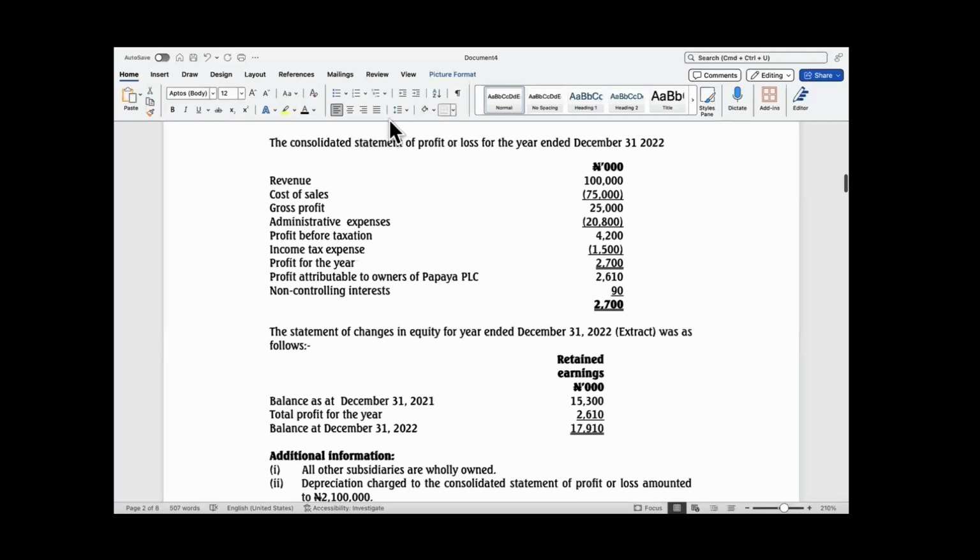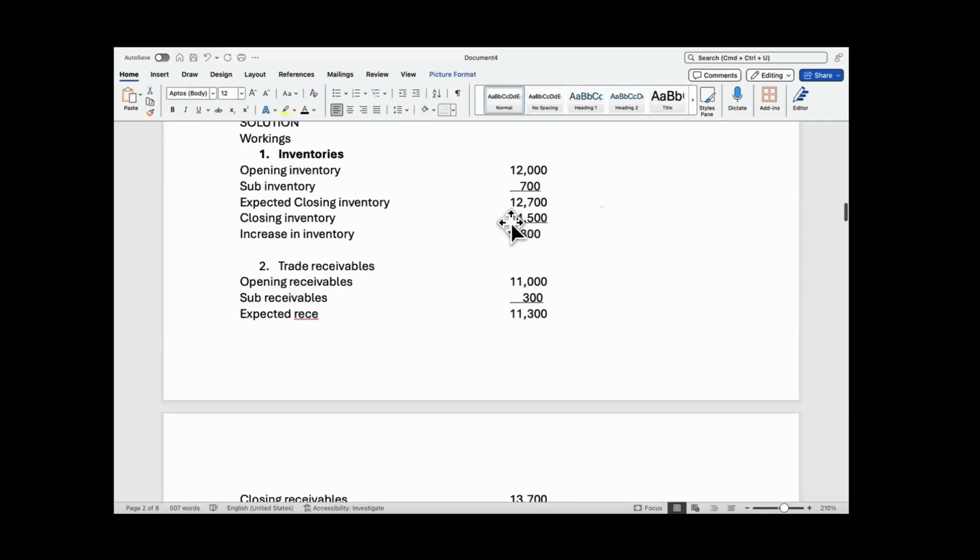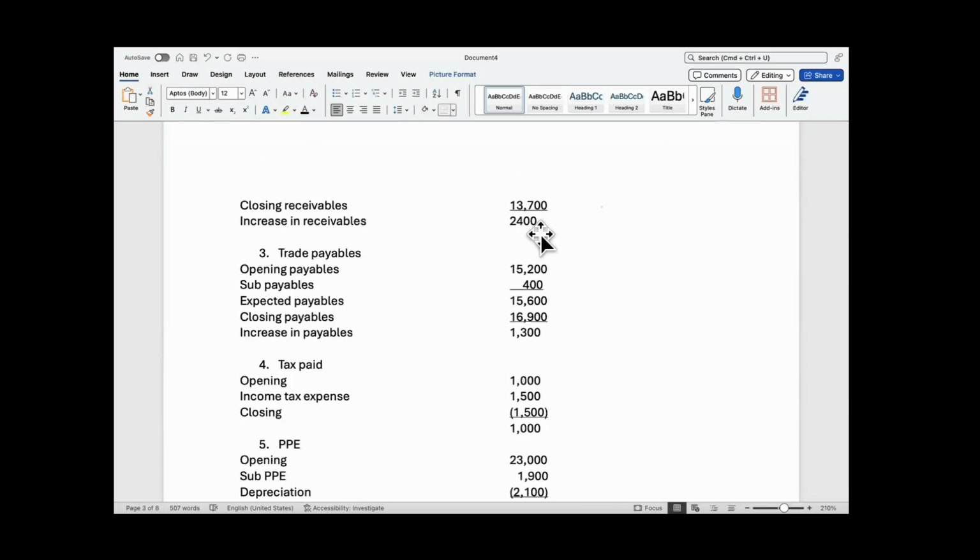So the only item left here is NCI, which is 310. Usually when you have NCI and you want to get its value, they gave us 310, which is the balance.